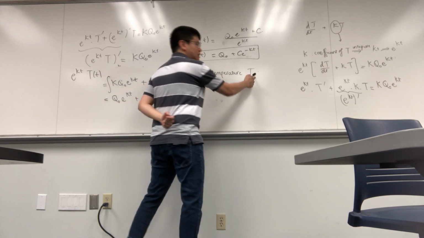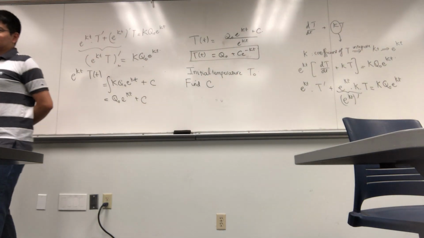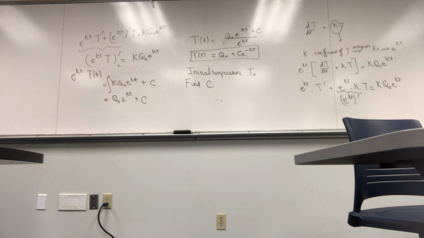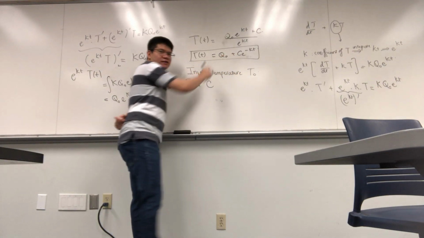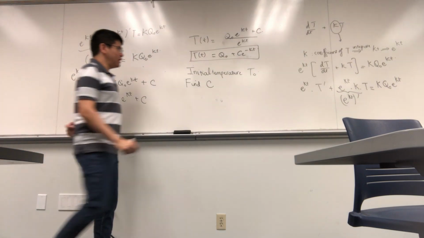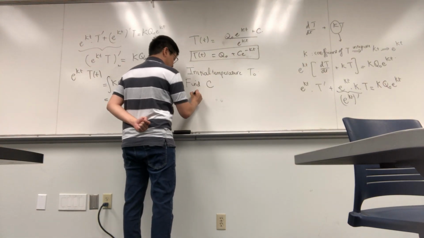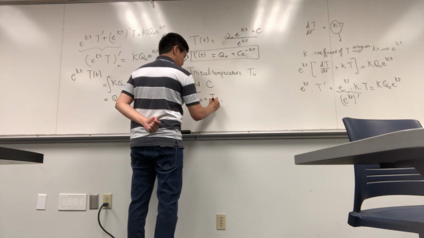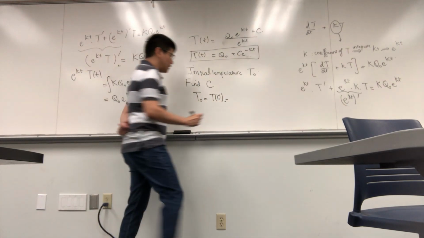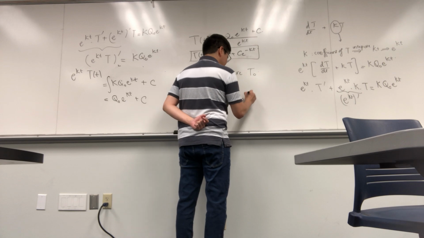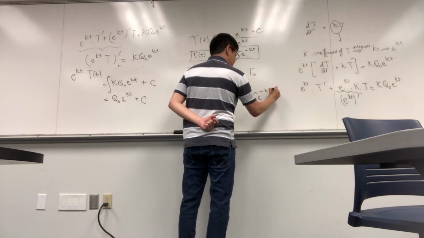So suppose that at the beginning, the temperature of this glass of water is T0. You're gonna replace T0 into this formula, right? So you have T0 is T of the initial time, which is T of 0. So you're gonna get q0 plus C e to the power minus k times 0.